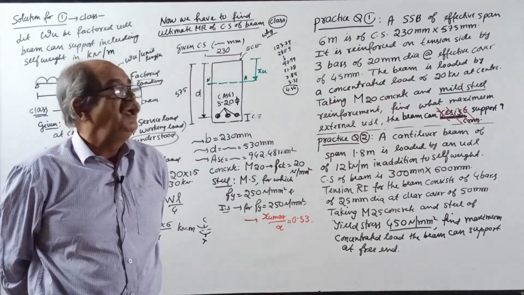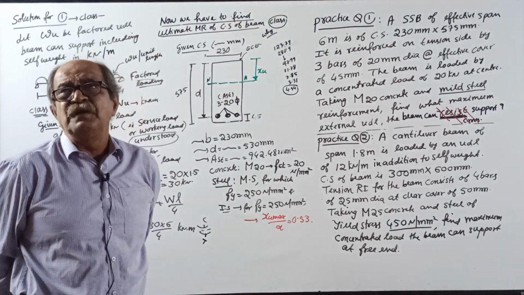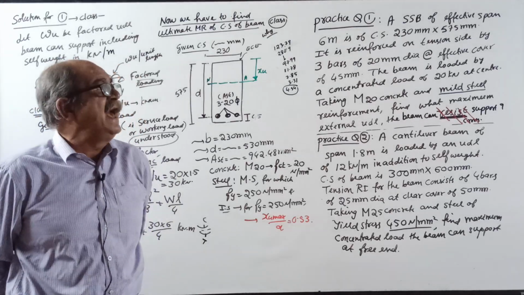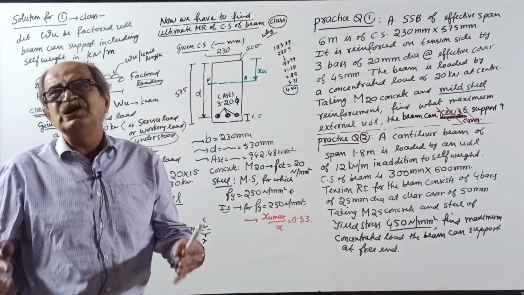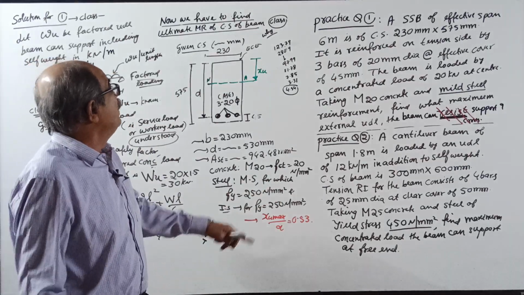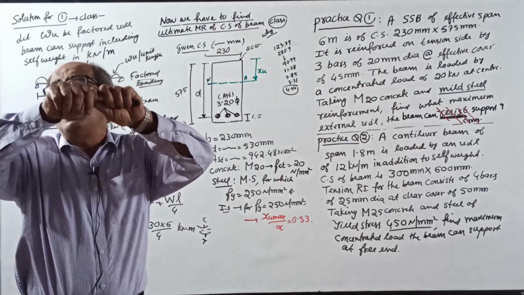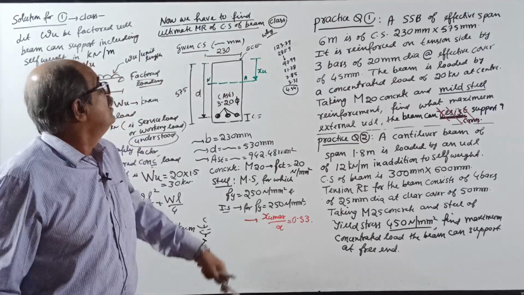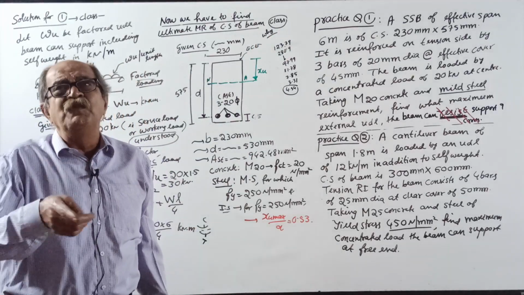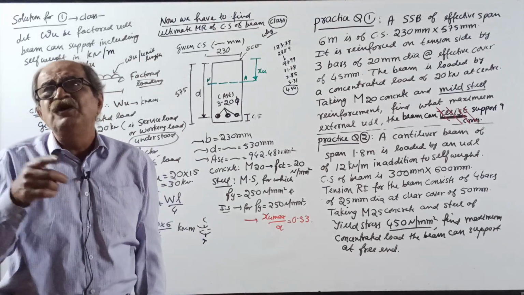Last class I told, whenever strength comes into picture, or whenever somebody is asking how much load the beam can support, load supporting capacity, then you should know how much the beam cross section can resist. Last time I told, suppose you want to know how much maximum you can eat, you should know how much money is there in your pocket.